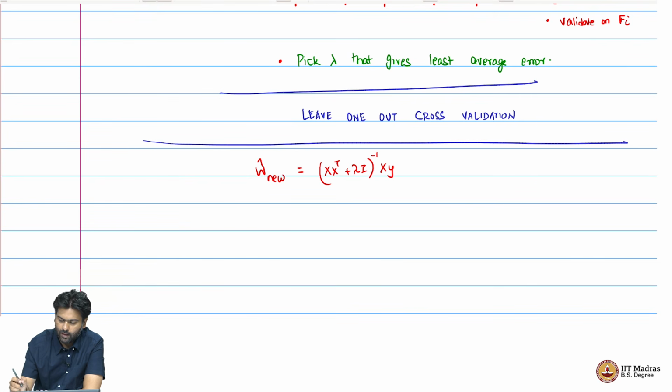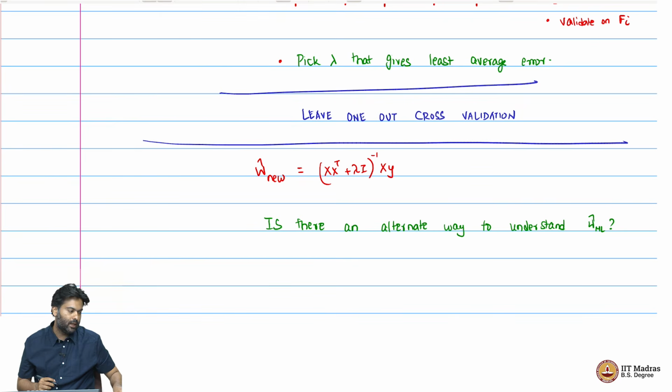So, is there an alternate way to understand this? Well, it turns out the answer is yes, and it is not something that we have not seen earlier.